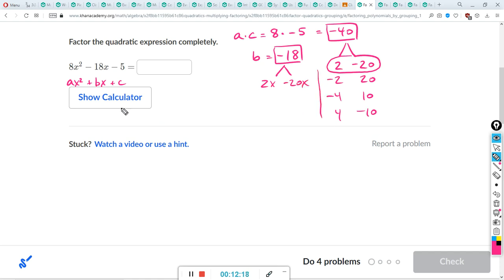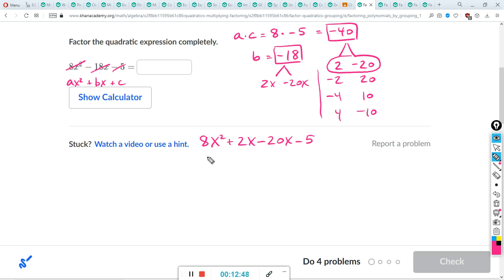Alright, so we have 8x squared and instead of negative 18x, I'm going to do 2x minus 20x. Okay, this adds to negative 18x. And finally you have negative 5. Alright.